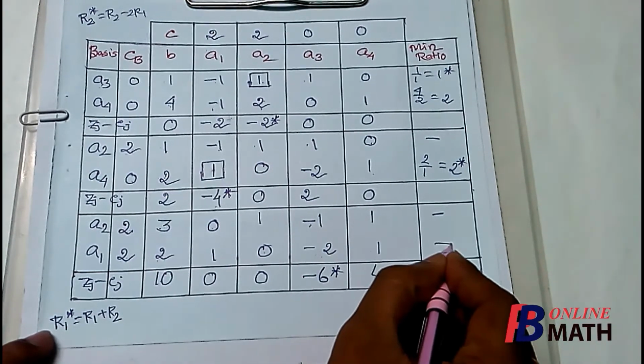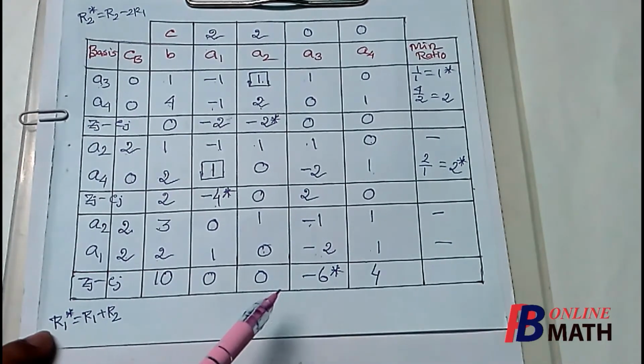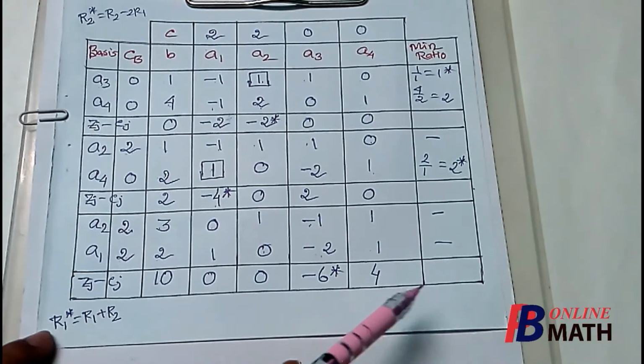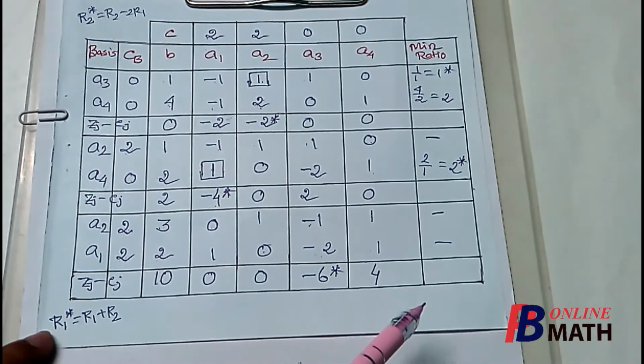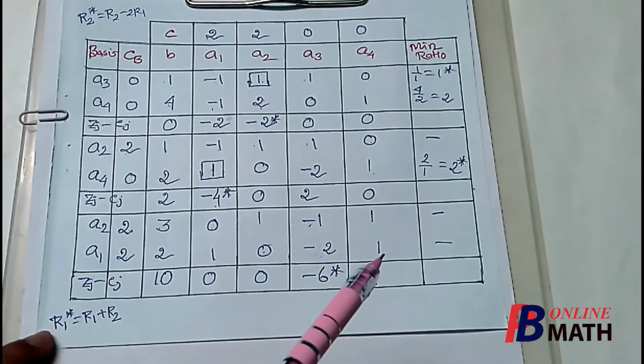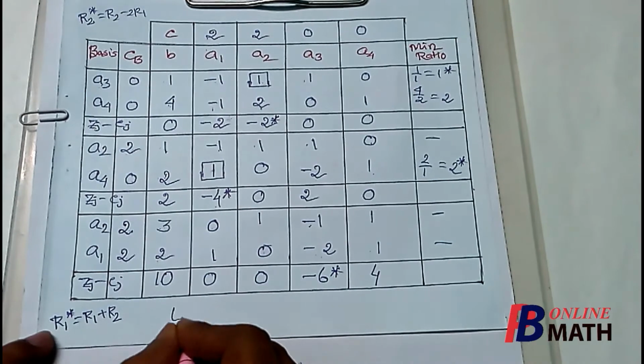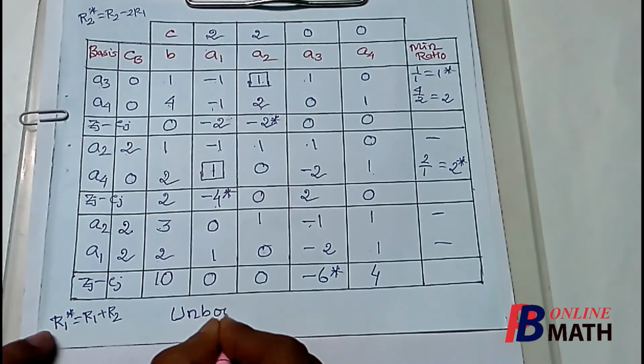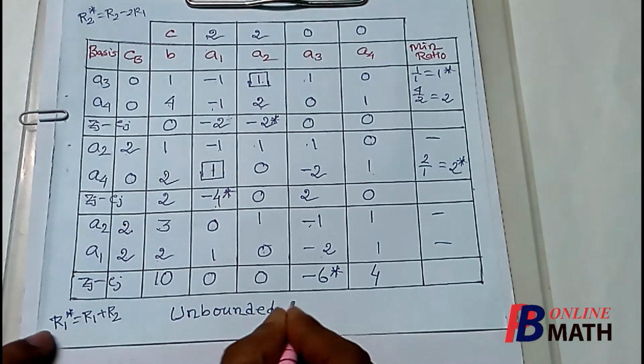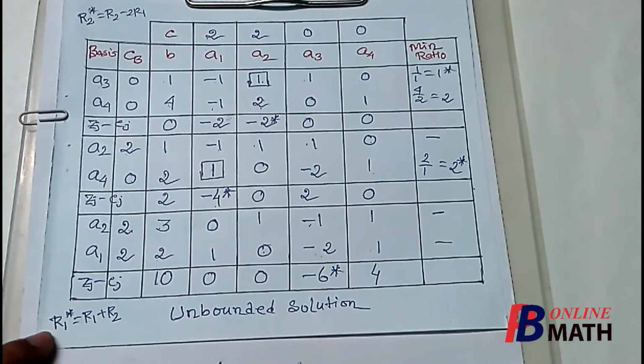So here we find that no min ratio exists. If we face this condition, then the only conclusion is that the problem has an unbounded solution. This is the only conclusion that can be made from this problem.